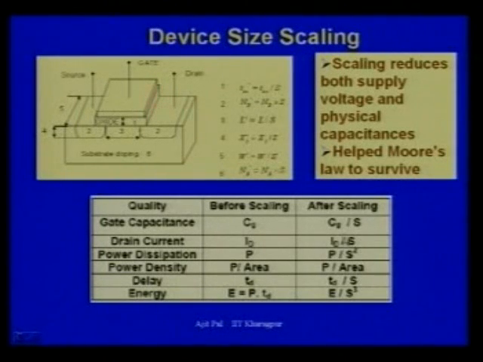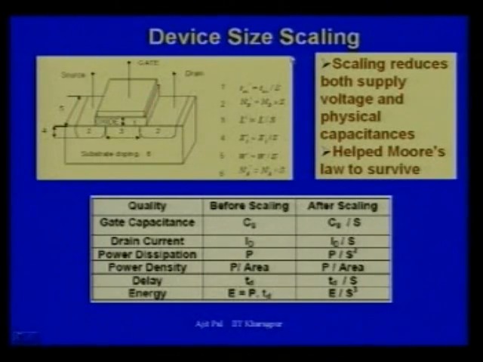So drain current is reduced by factor S. Power dissipation is reduced by a factor of S square, and power density fortunately remains the same. Delay reduces, energy reduces by a factor of S cube. So you see the benefit of this device size scaling.